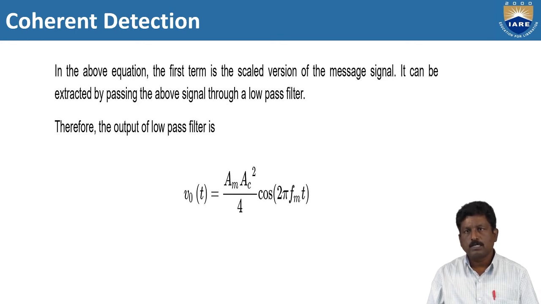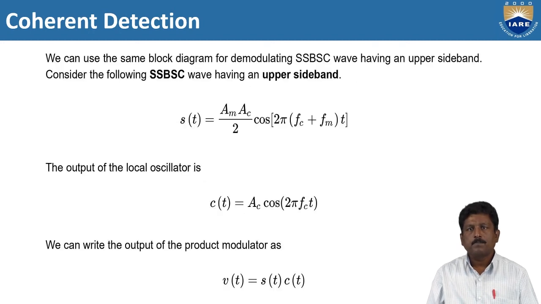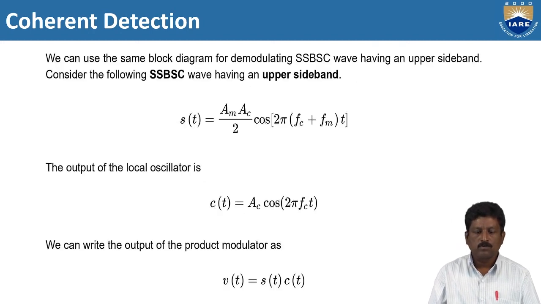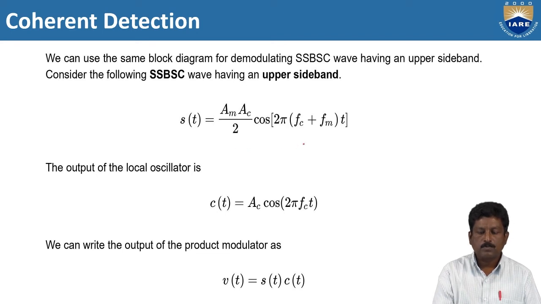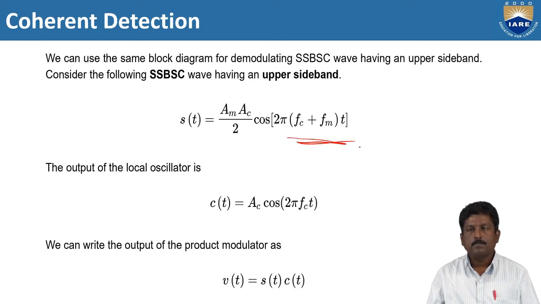So far we have considered the lower sideband. Suppose you want to consider the upper sideband, that is s(t) = Am Ac/2 cos 2π(fc + fm)t. In the previous case, we considered the received input signal s(t), the modulated wave, as the lower sideband.